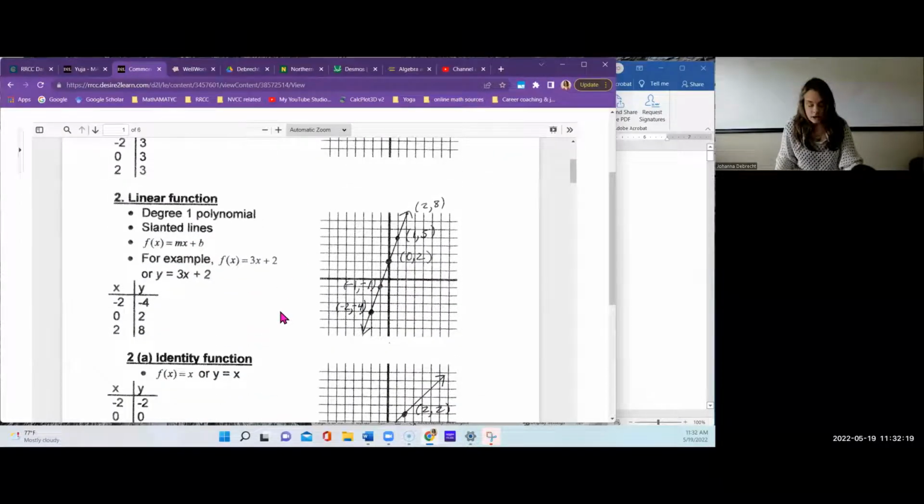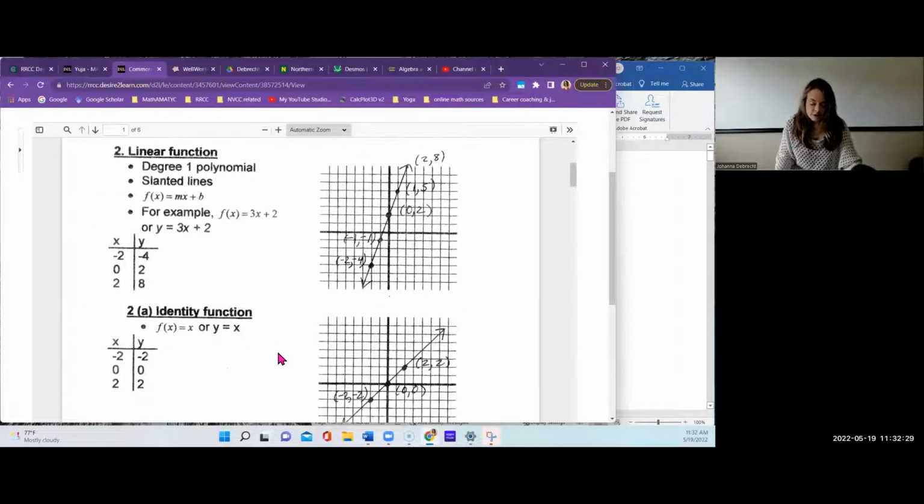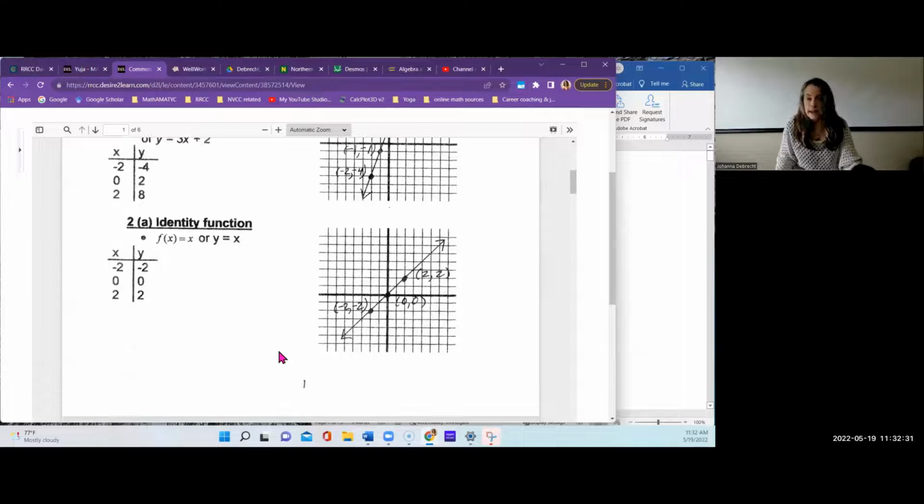Then we've talked about lines before, and we've graphed lines using the slope-intercept form of a line. We need to know how to graph lines and how to get points off of a line. The identity function is a special line, and it has a name just for itself. The identity function is the function where if you put in 5, you get out 5. It is itself, hence the name identity function.